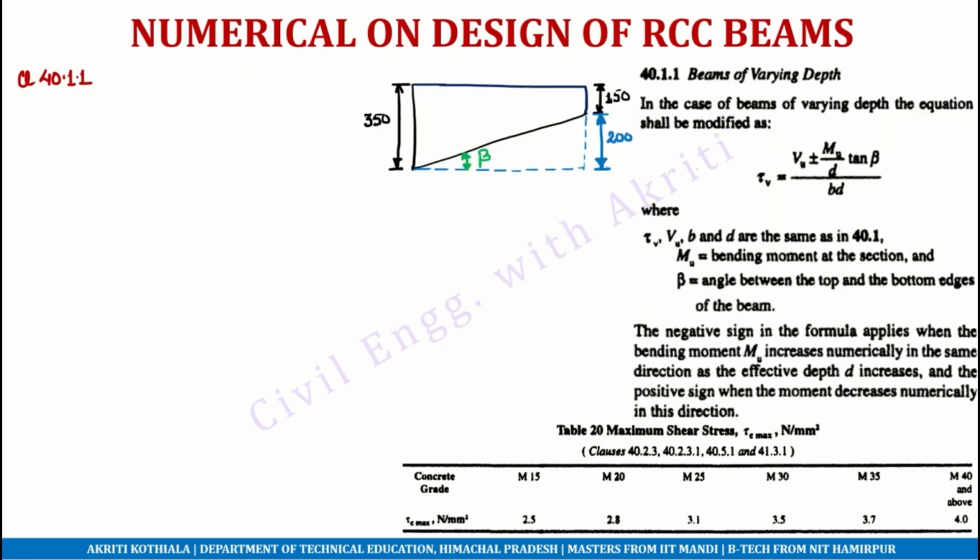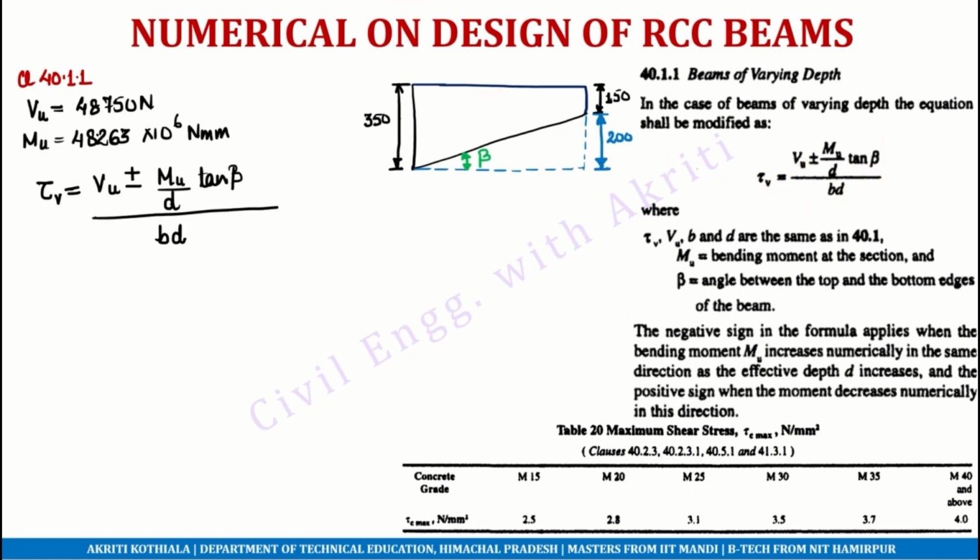Now, using clause 40.1.1 for beams of varying depth, the beam for which the depth is varying at every point, we can calculate the value of nominal shear stress tau v from this equation. Before substituting the values, let's understand that here it is giving us a positive and a negative sign.